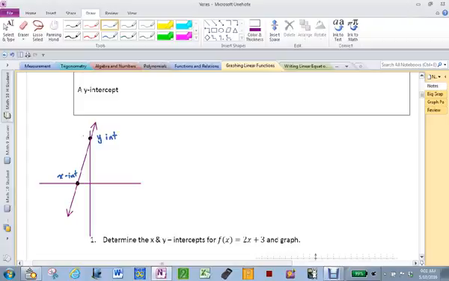What is its value on the x scale? This dot, what is its value on the x scale? 0. Everyone agree? What is its value on the y scale? Unknown.